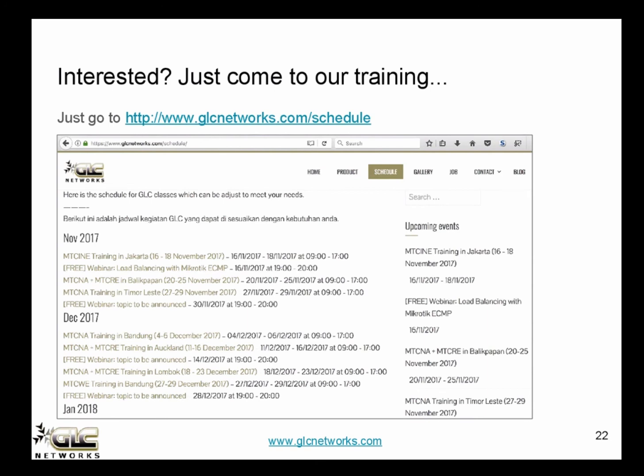With Mikrotik, every training partner develops their own training modules, and our training modules here are based on real experience, real implementation.